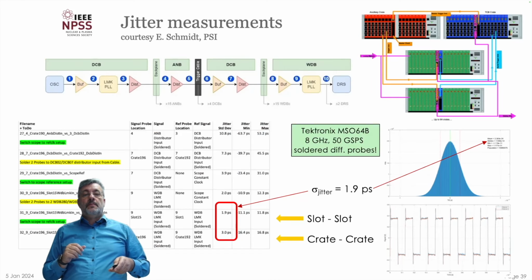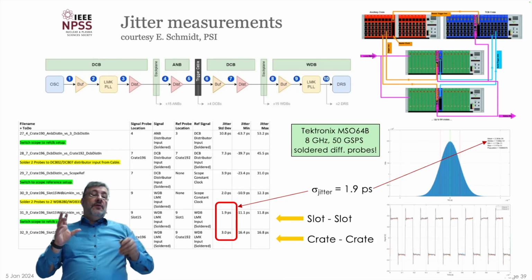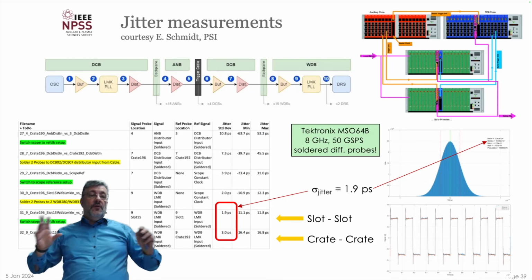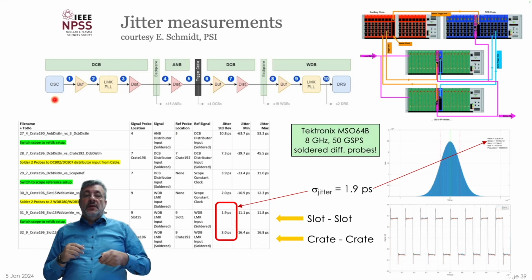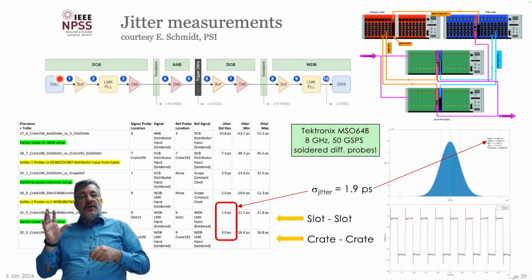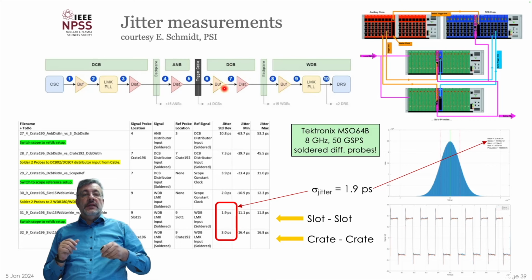Now we did the full jitter measurement of the global system. So you have here this little quartz where the clock starts, buffer, the jitter cleaner PLL, and then it goes through this distribution crate, which you see here, then to the data concentrator board in each crate, then through the backplane to the WaveStream board.